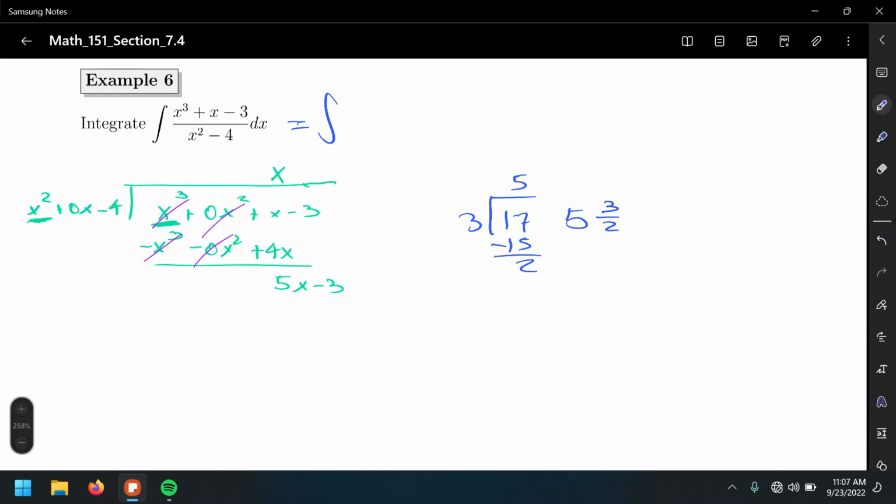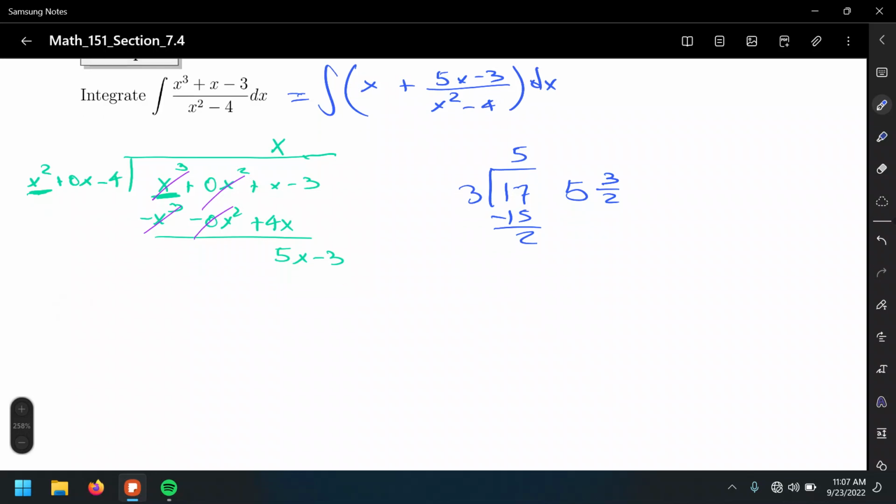With polynomials, it's the same thing. Quotient, which is x, plus remainder over divisor. And we may go about the integral right here.